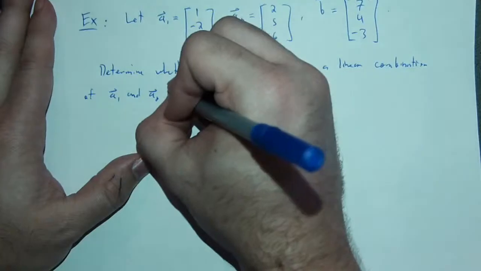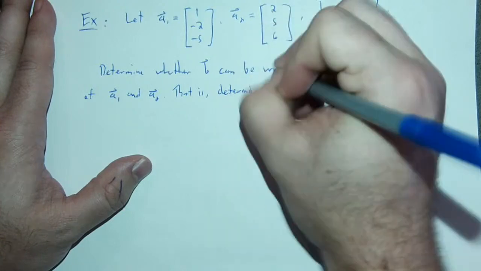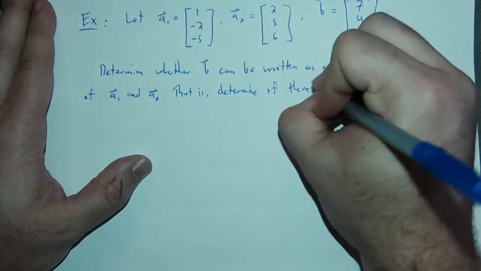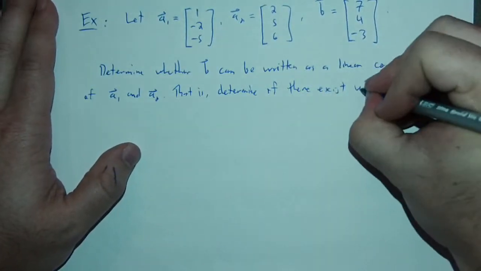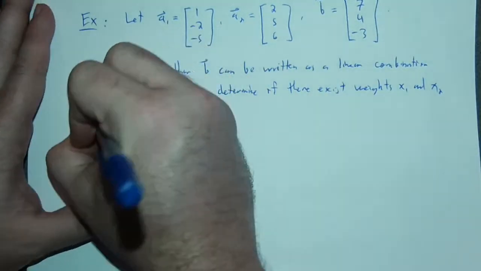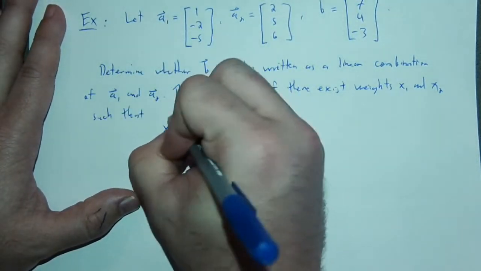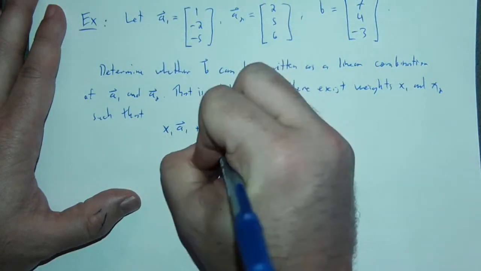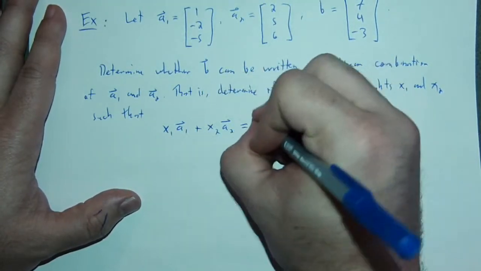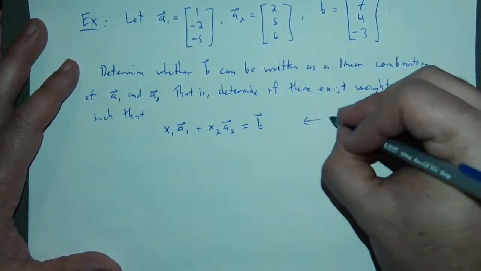That is, determine if there exist weights x sub 1 and x sub 2 such that x sub 1 times the vector a sub 1 plus x sub 2 times the vector a sub 2 is equal to b. This is a vector equation.